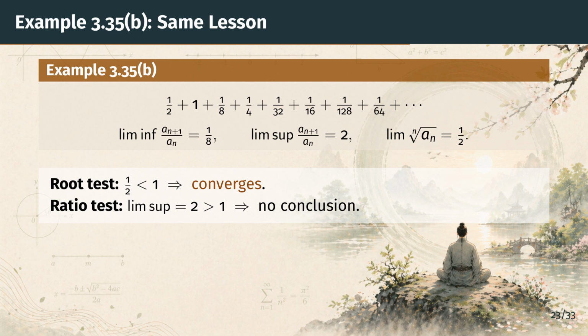Since the upper limit, 2, is bigger than 1, the ratio test once again gives no conclusion. But the nth roots actually converge to 1/2. Since 1/2 is below 1, the root test again concludes convergence. 2 examples, 1 moral. The root test can decide cases the ratio test cannot. Let's make that observation precise.